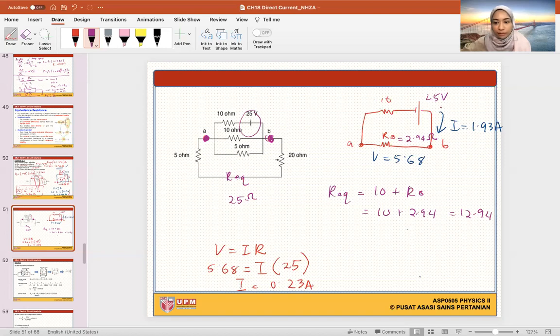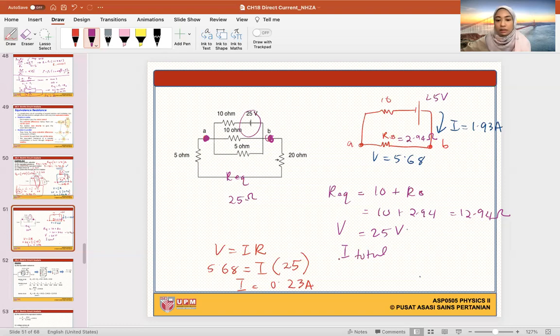That is what I want to find. So if I want to find I total, I need to find R total, and I need to use voltage total. In this case, our R total is 12.94. Okay, and our V that supplies the whole voltage for the circuit, the voltage for the whole circuit is 25. And our I is what we are trying to find. So this is the I that flows through the whole circuit. It is the I total.